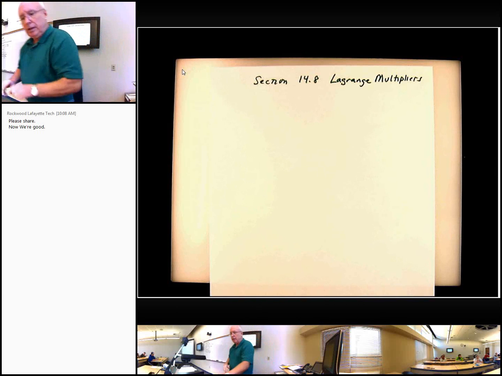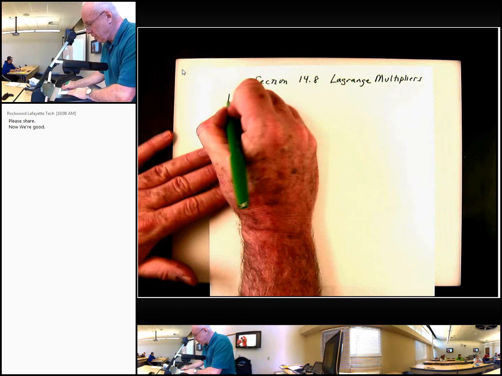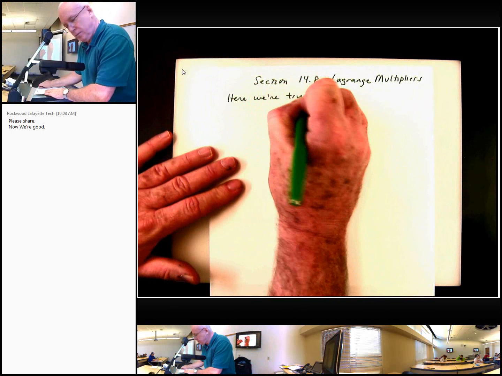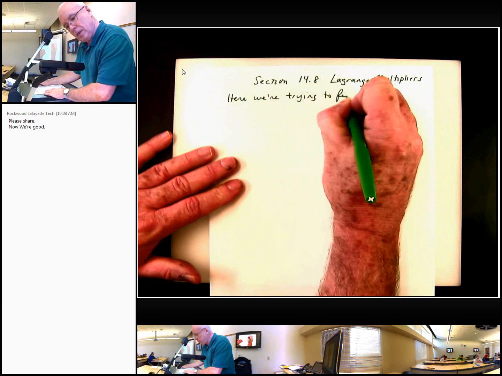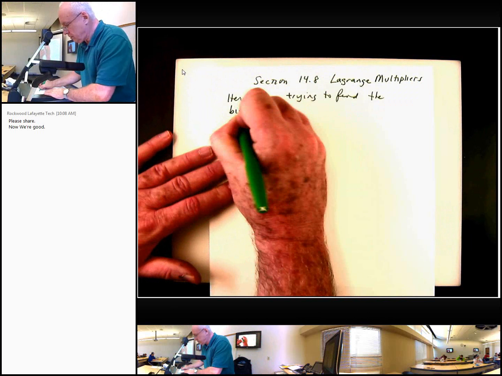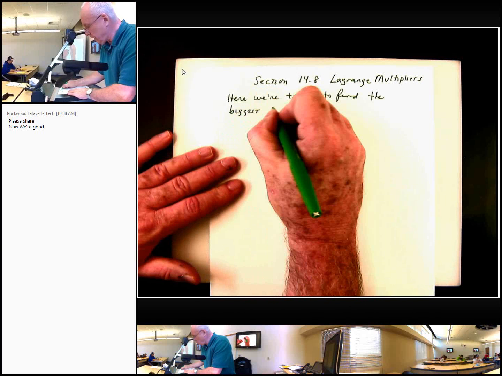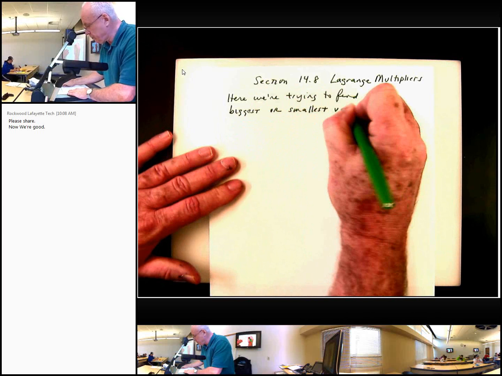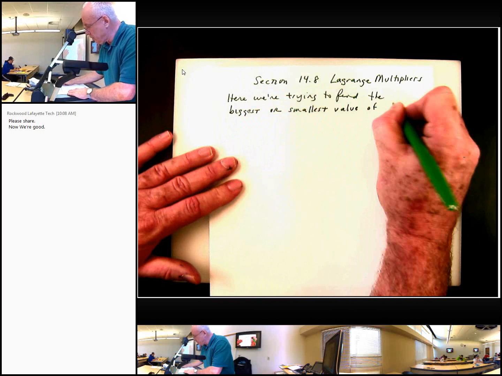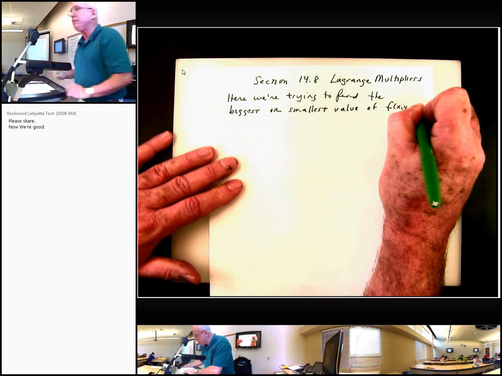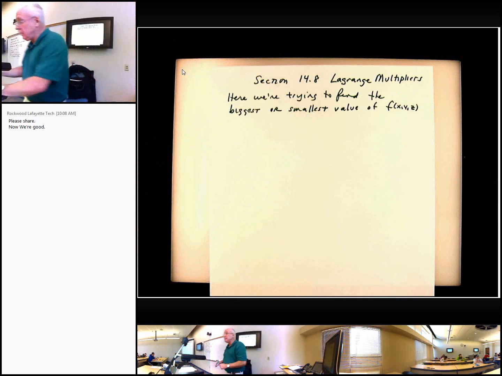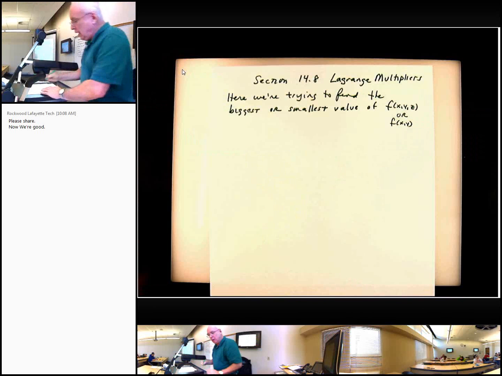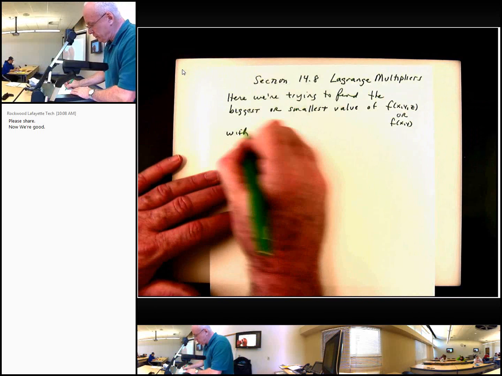Okay. So let me put this down. Here, we're trying to find the biggest or smallest value of a function of 3 variables, in this case a function of x, y, and z, or it could just be a function of 2 variables, with the constraint.